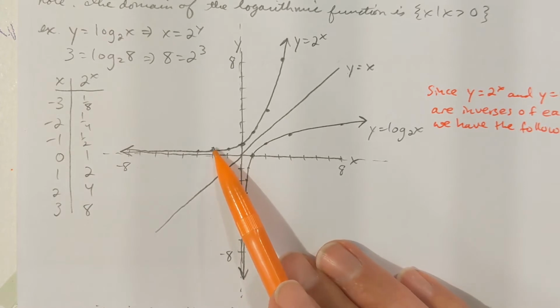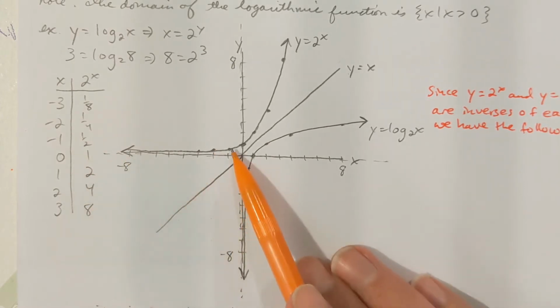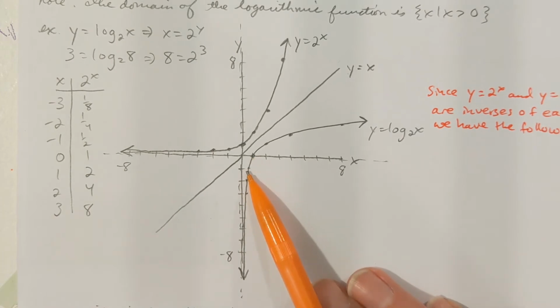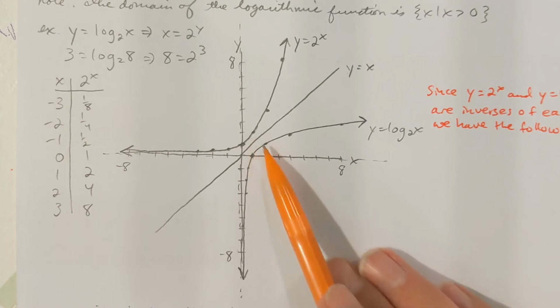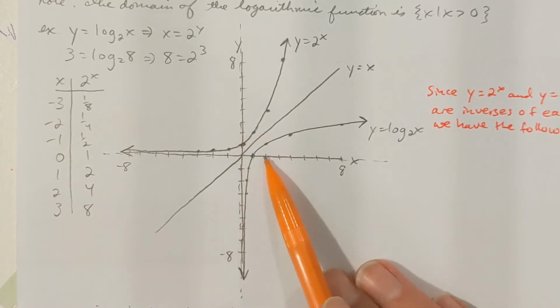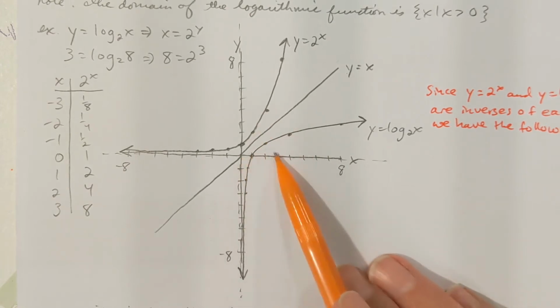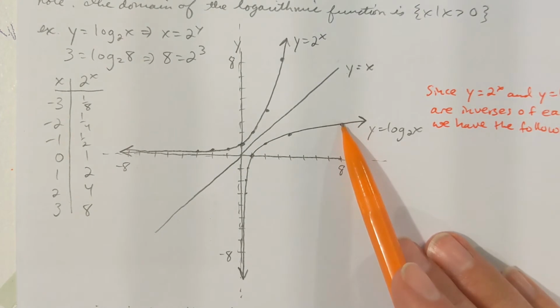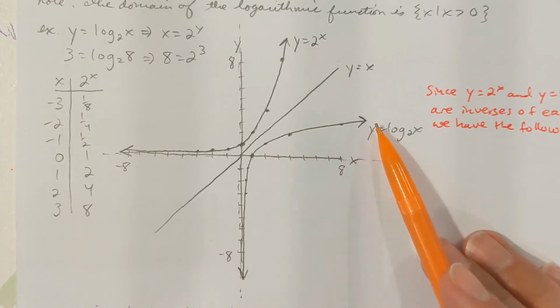Negative 2, 1/4 is now going to be at 1/4, negative 2. Negative 1, 1/2 is now going to be at 1/2, negative 1. 0, 1 is going to be at 1, 0. 1, 2 is going to be at 2, 1. 2, 4 is going to be at 4, 2. 3, 8 is going to be at 8, 3. Okay, so I've just switched all the coordinates on this exponential to get this new curve here.